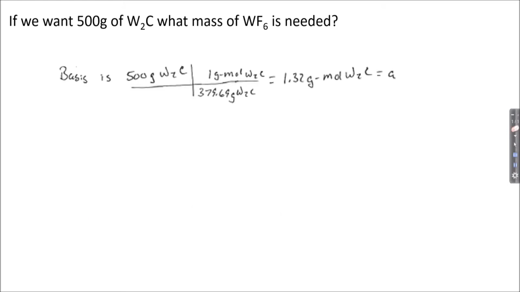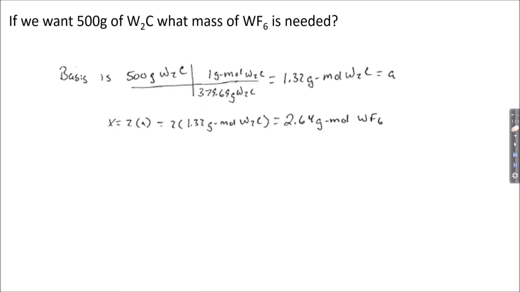We want to know how much tungsten hexafluoride is needed. Well, that's quite simple now. X equals 2A, based on the algebraic relationship we came up with when we were balancing the equation. So that equals 2 times 1.32 gram moles of tungsten carbide. So we now know we need 2.64 gram moles of tungsten hexafluoride. Got to pay attention though. The question asks what mass of tungsten hexafluoride is needed.